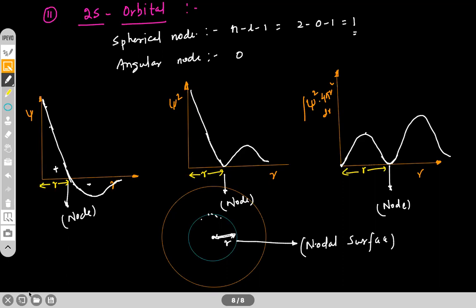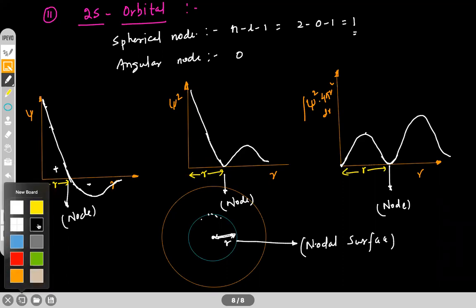Now the next thing: sometimes they ask you to find the nodal plane or nodal surface for a given orbital. For example, for the 2p orbital, suppose I am taking px.